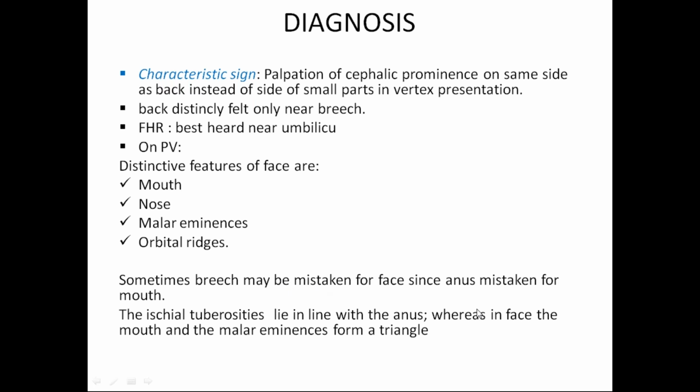In face presentations, the malar eminences and the mouth form a triangle, whereas in breech, the ischial tuberosities lie in line with the anal orifice, and then the sphincter activity. If the membranes are ruptured, you can put a finger either into the anal canal or into the mouth, and you can make out whether it is face or breech.